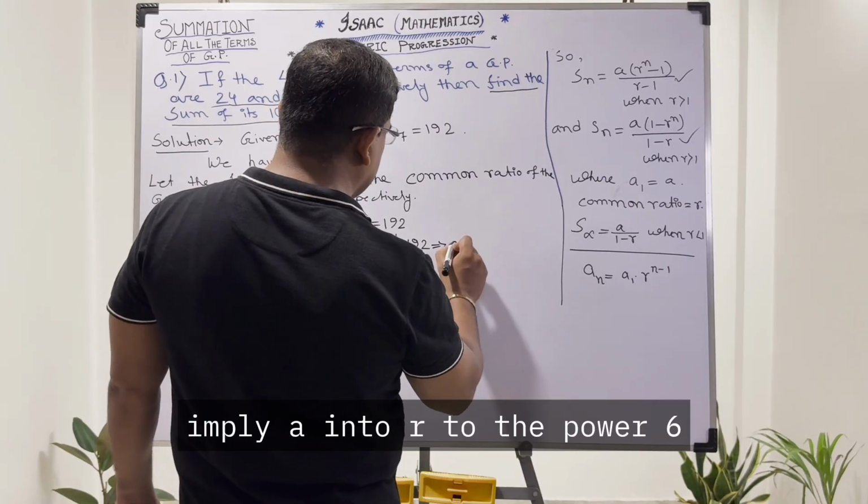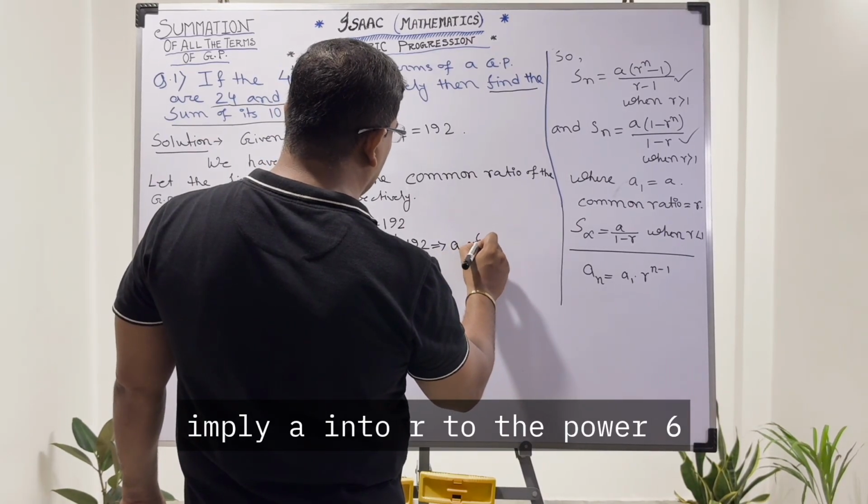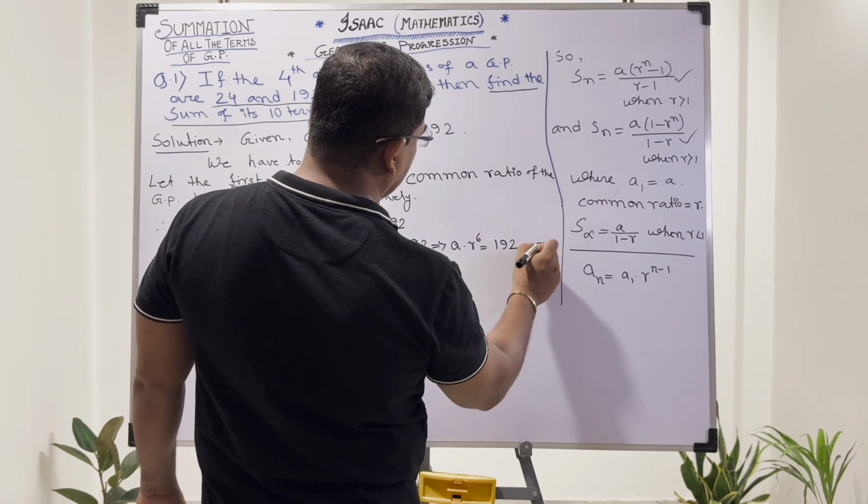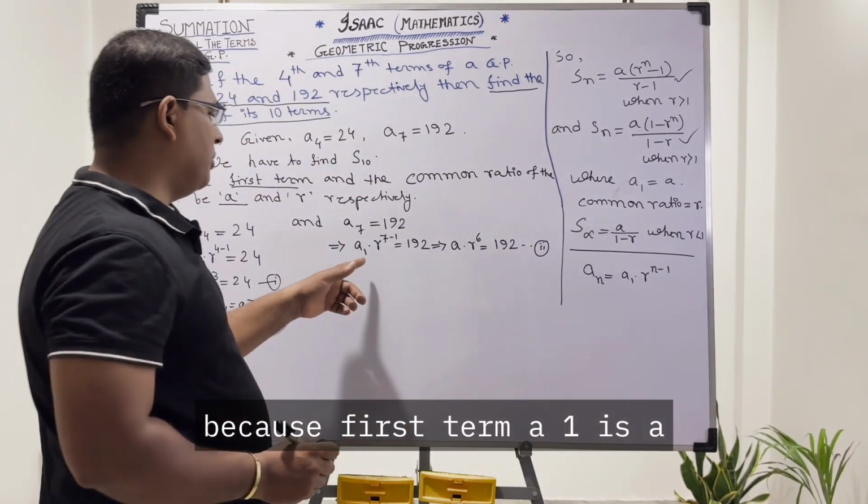This implies A into R to the power 6 equals 192, because first term A1 is A.